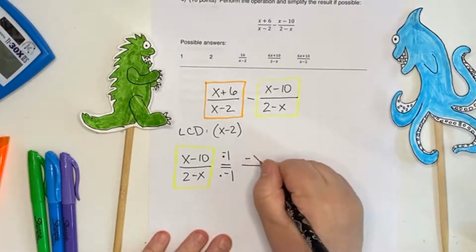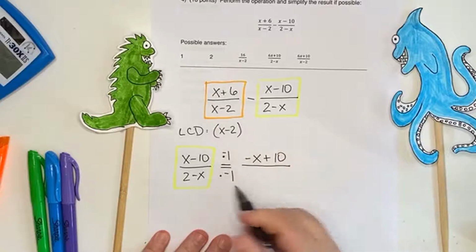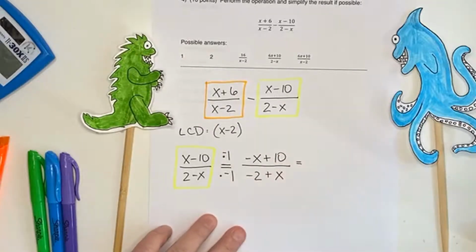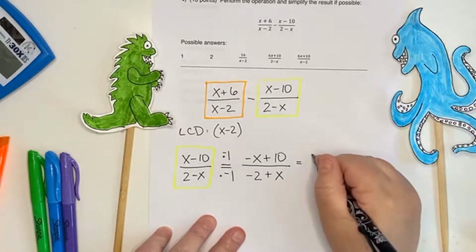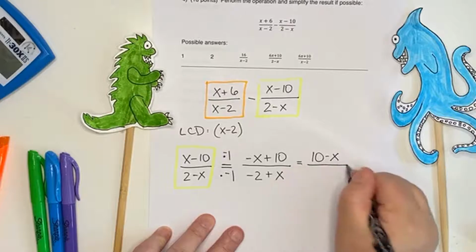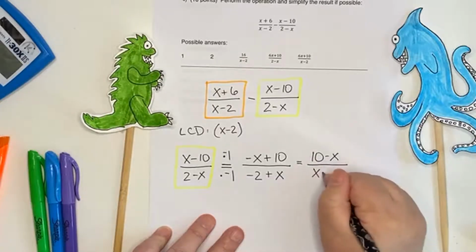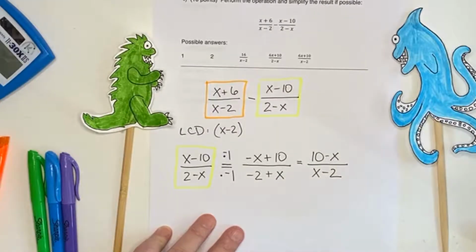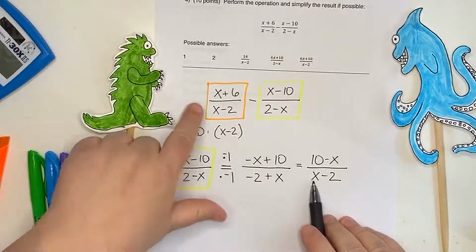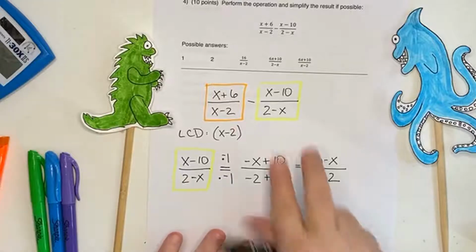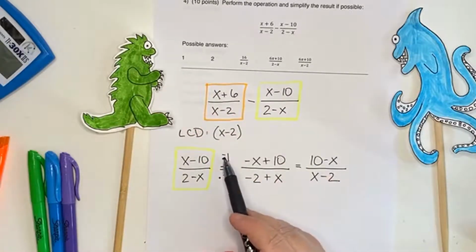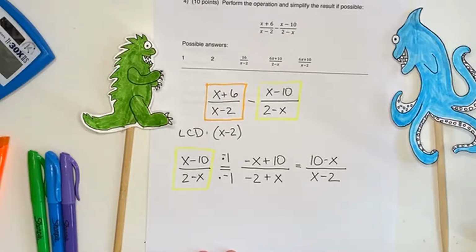So it becomes the opposite of x minus 10, the opposite of 2 minus x. This is 10 minus x all over x minus 2. Whoa, mind blown. X minus 2, x minus 2. So you see how this is 2 minus x? You can change it to x minus 2 by multiplying top and bottom by a -1.